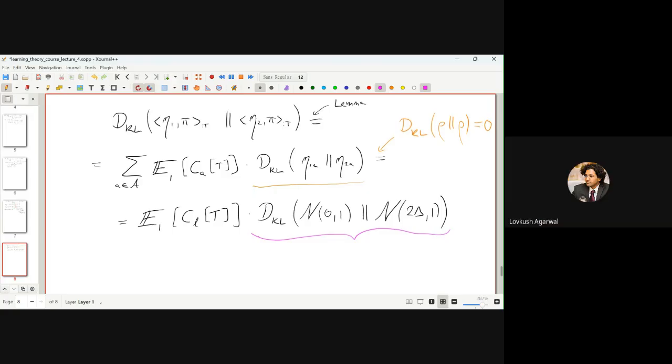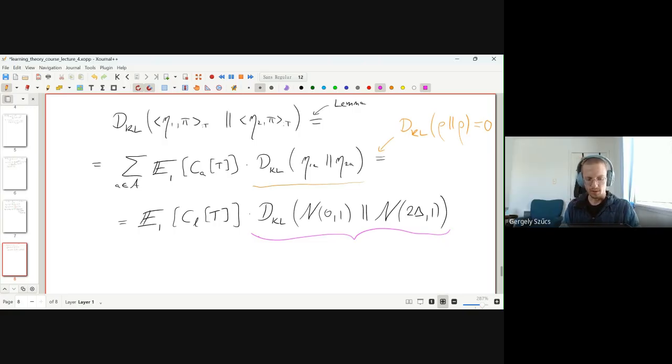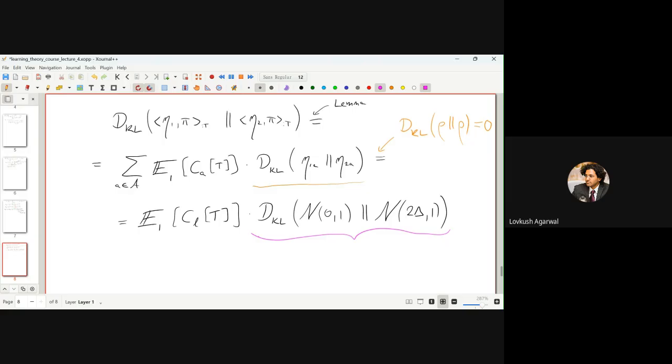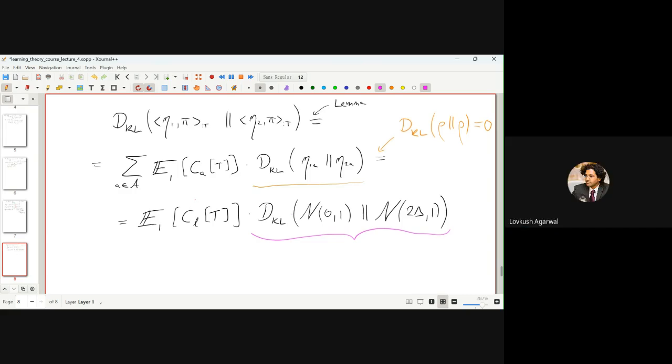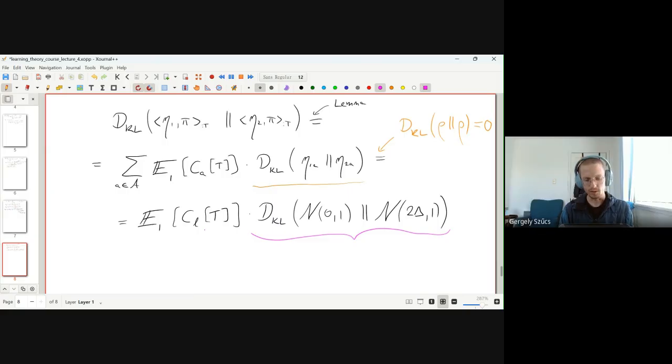There's some asymmetry here because we're using the expectation of the counts according to eta 1. Is that quite important in this? Yeah, I think the KL divergence itself is asymmetric. If you swapped eta 1 and eta 2 in the KL, you'd probably get maybe the same thing, but you're right, it is asymmetrical.